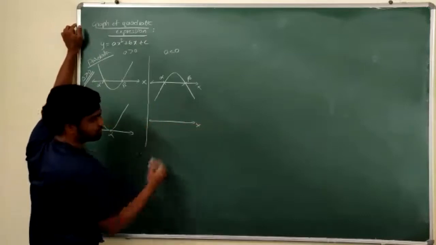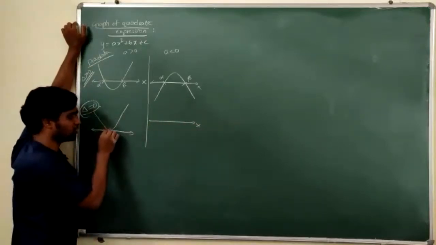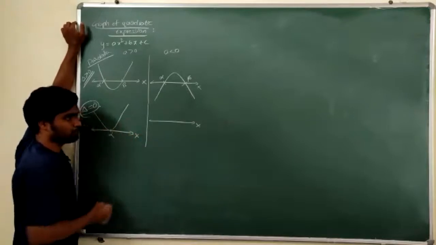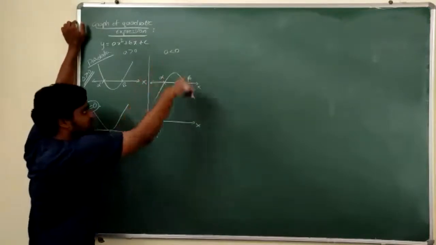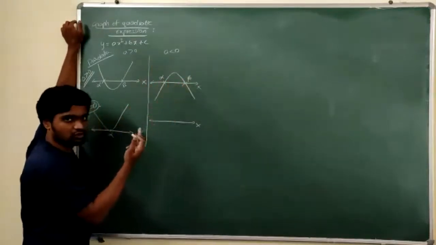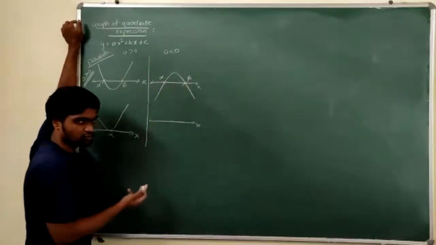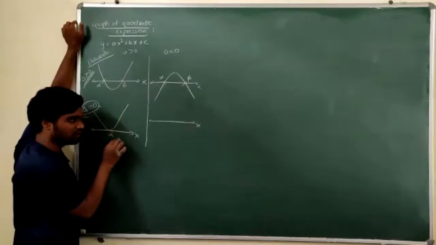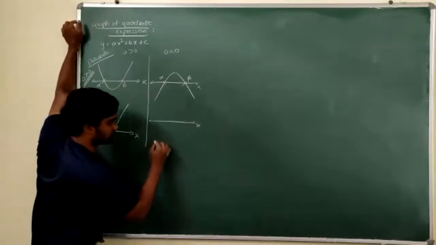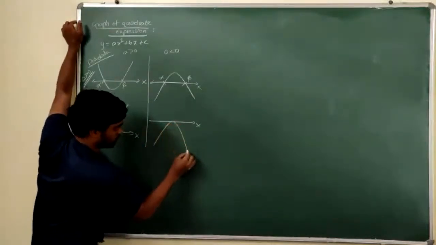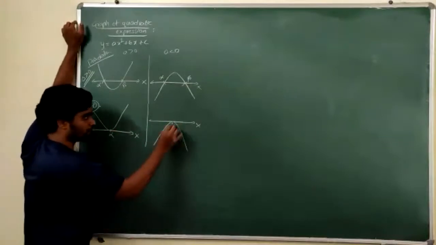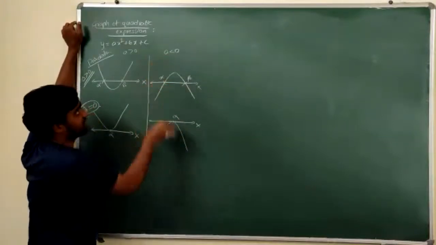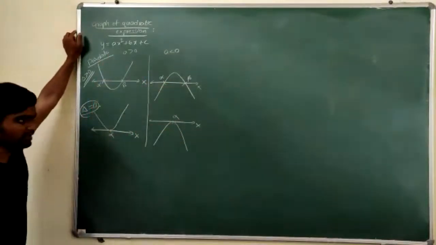So that is the reason why the parabola is touches the x-axis but does not cut it. If it cuts, then you will have 2 real roots. If it does not cut, if it just touches the x-axis, then we will have equal roots. This is when a is less than 0 and this is when a is greater than 0.